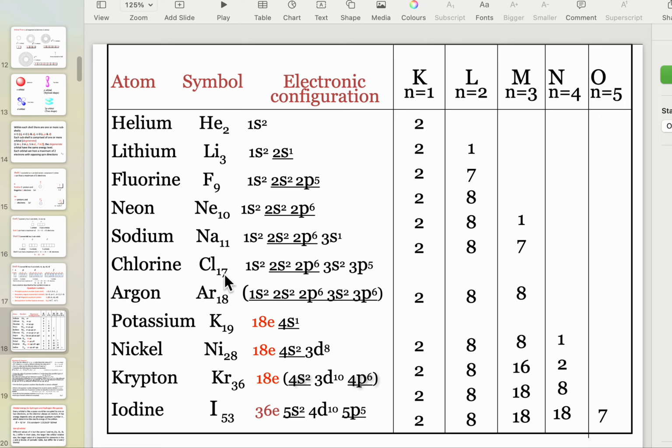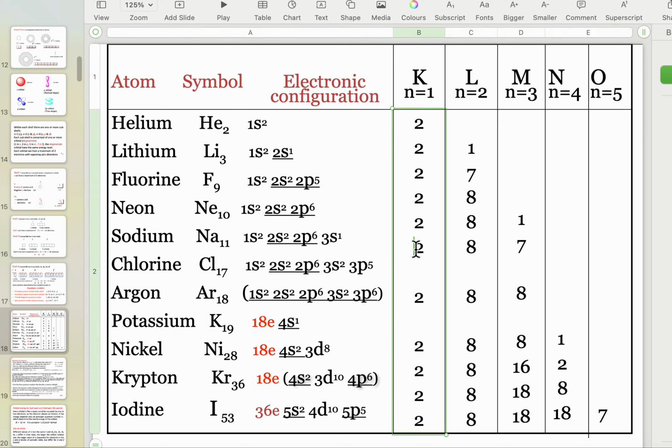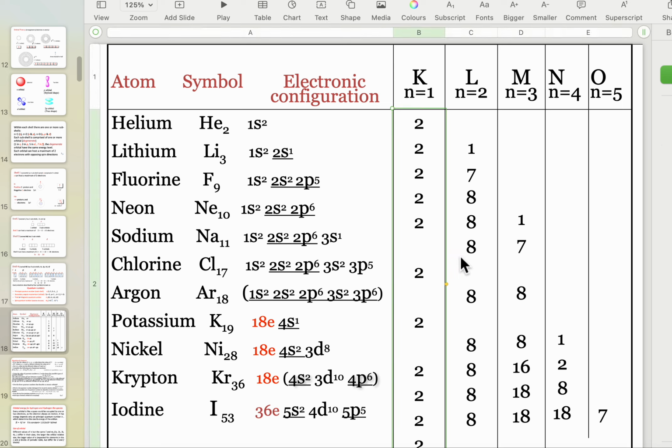So 17, what do we have here? It is chlorine. We have 7 electrons in the outer shell of chlorine.